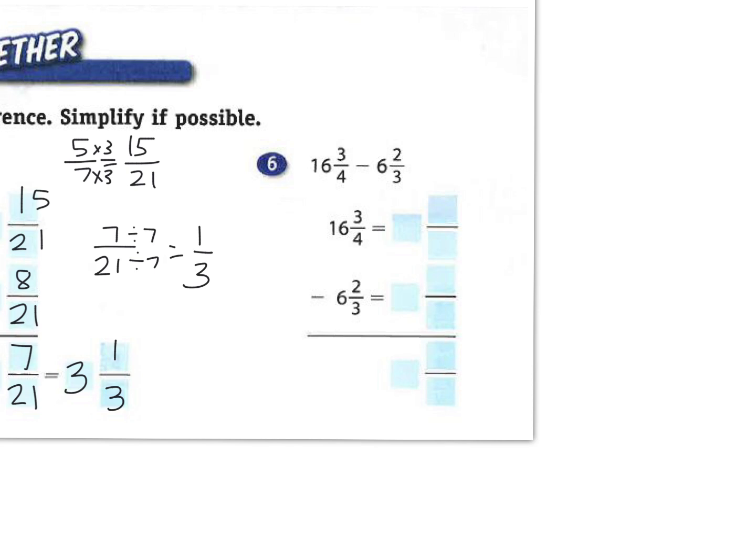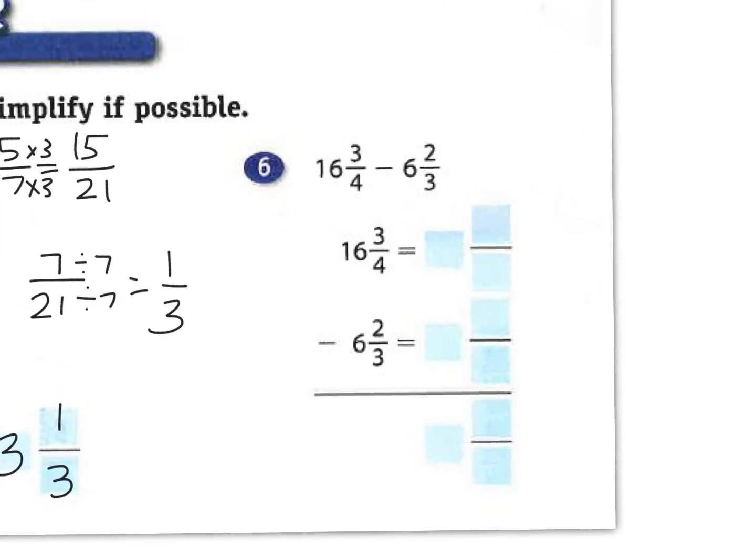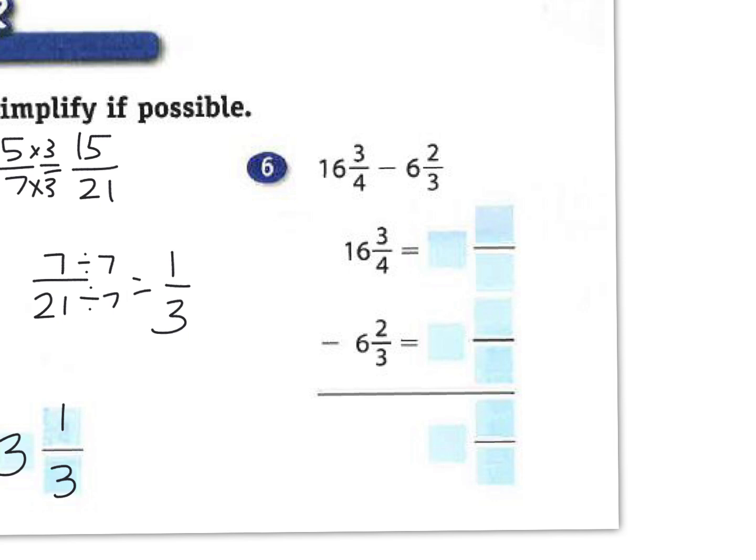All right, over here we have 16 3/4 minus 6 2/3. We need to find a common denominator for 4 and 3. We've done these before. We know that they both go into 12. So 4 times 3 is 12, 3 times 3 is 9.